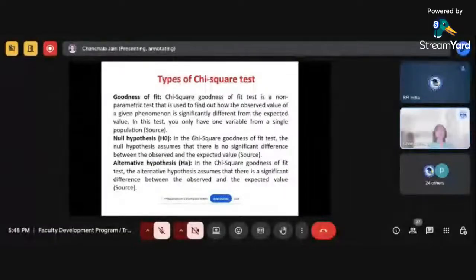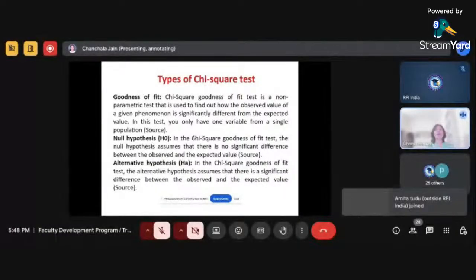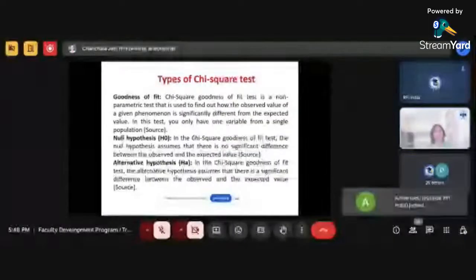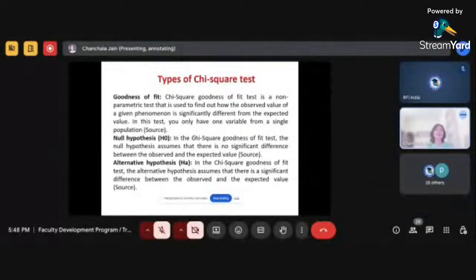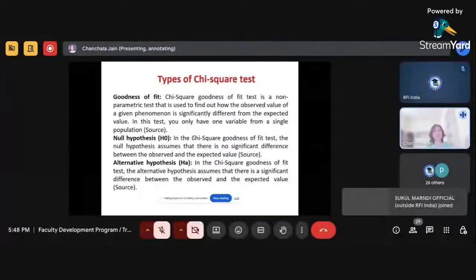In the case of a single categorical variable, usually we know that when we talk about a hypothesis, we need to have two variables. But when I have a single variable available, how can I formulate a hypothesis and how can I check it? Because the chi-square test is one of the statistical tests which helps us to test the hypothesis.